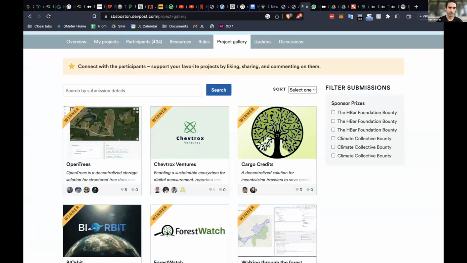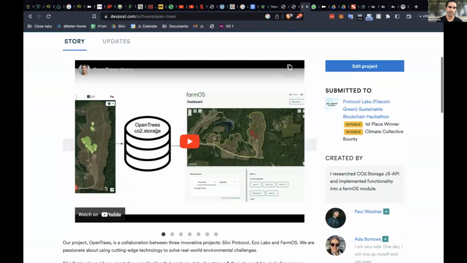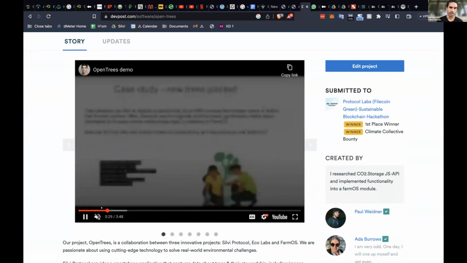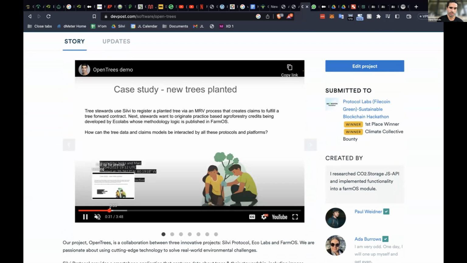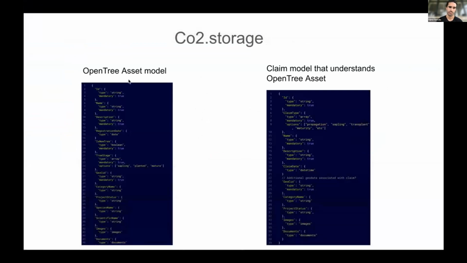But what I'm here to talk about today is, in the Boston Sustainable Blockchain Summit Hackathon, we actually won first place for a concept called Open Trees, where the Sylvie protocol was building an interoperability framework for other projects to ingest data and update the model.